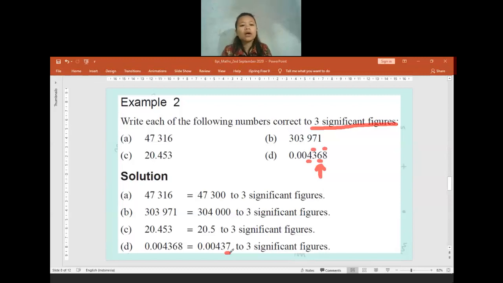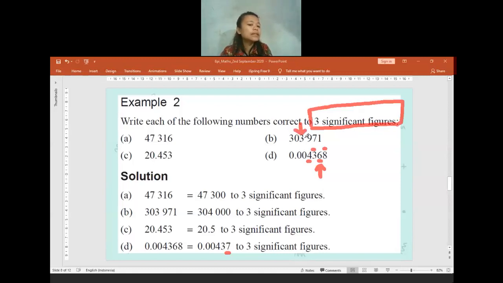If you are getting confused about how to round off the number to the given significant figures, what do you have to find? You have to find the significant digit first. After you find where is the first, the second, the third, later you will follow the question. If the question is asking for 3 significant figures, it means you have to take the third significant digit.